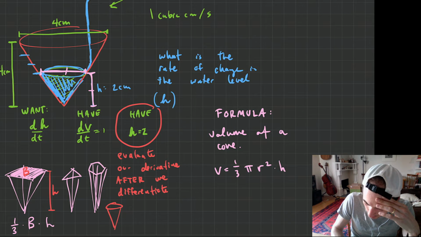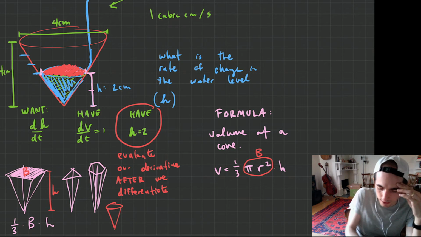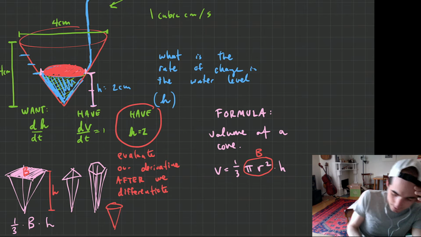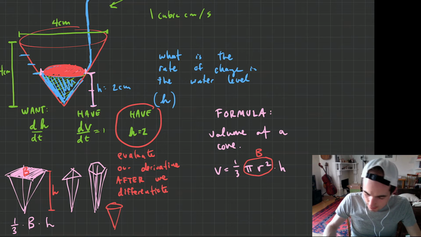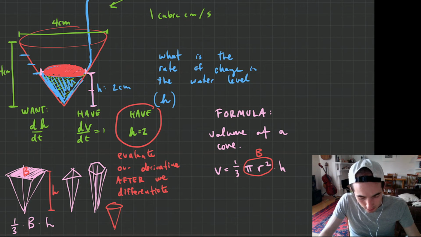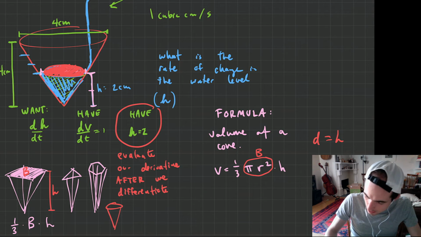So pi r squared is the base of this, basically the face of the circle here, right? And that's the 1/3, and height is the height that we're looking for. The thing is that we don't actually have r here, but since the diameter is equal to h, the radius is equal to 1/2 of h.